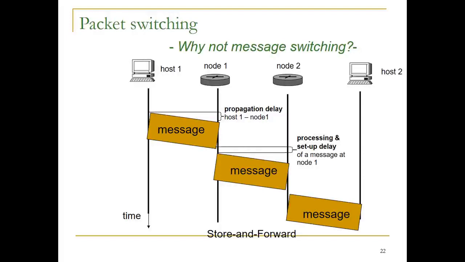Until all the messages that have been split up get to the second node, that's when they get reassembled before they can actually be handed back to the end device, the destination device that's requesting the message. So that's where store and forward comes into play.